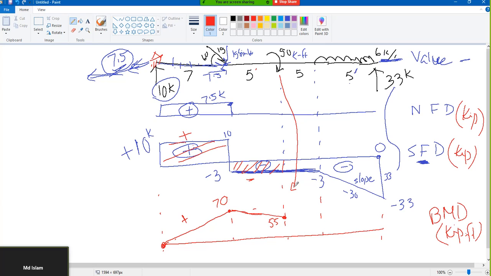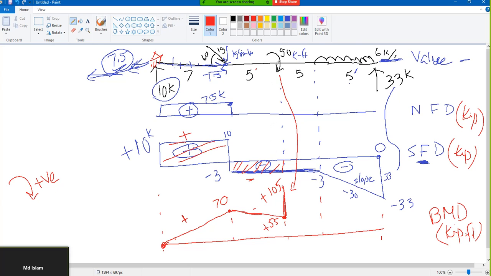So when you draw the moment diagram, clockwise moment is positive. So there will be a jump. How much? 55 jump. So the total will be 105, and that will be positive. Why positive? Because it is a clockwise moment. So there's a jump. That is something to remember.